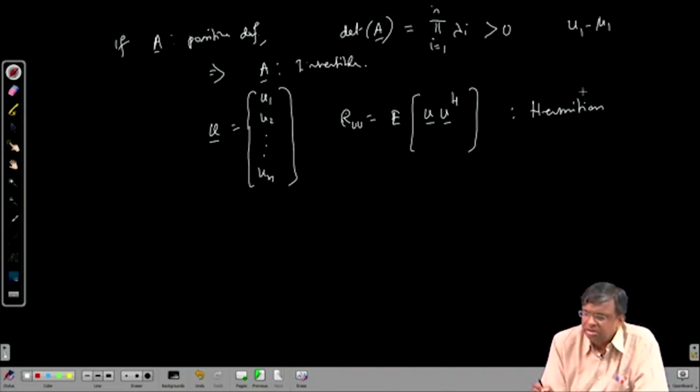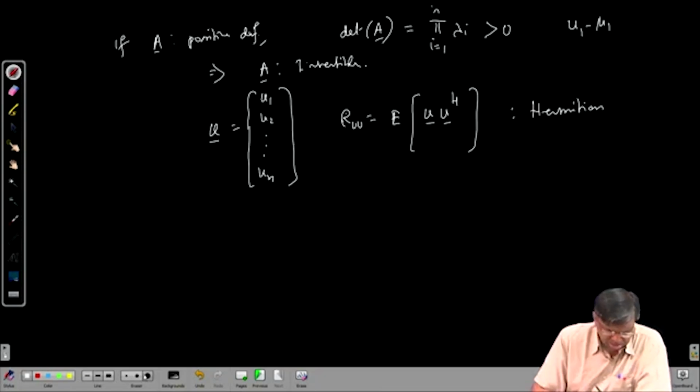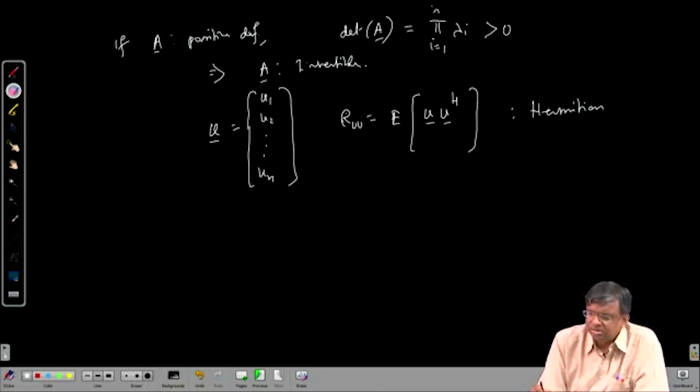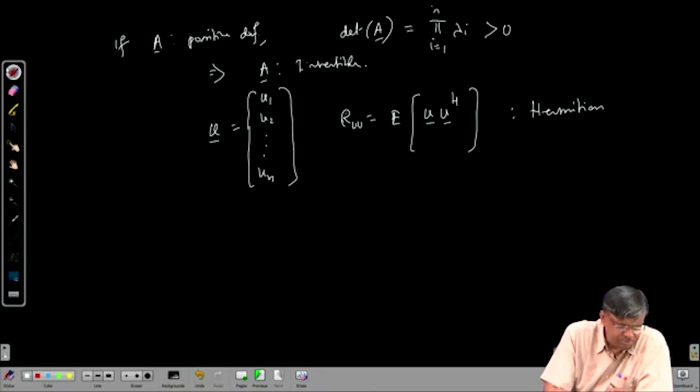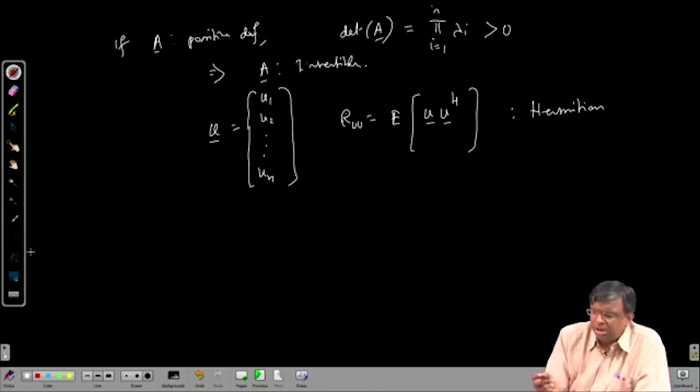So, that is again a vector, and then the covariance matrix becomes the correlation matrix of u 1 prime, u 2 prime and so on. So, the same logic applies there. You can apply the same logic, you will find R_UU also Hermitian, the i,j and j,i-th elements are conjugates of each other very easily. You apply the same flow of logic, you will get this, there is nothing here. Okay. So, Hermitian is done, but is it positive definite?